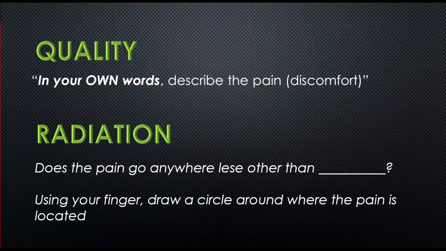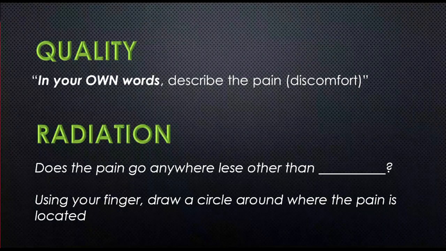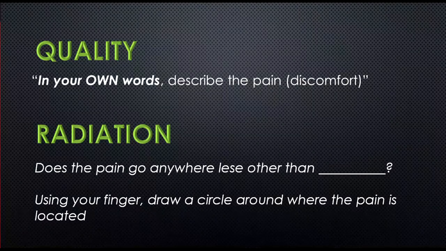Now, radiation. This one's kind of cool because people say, well, does your pain radiate anywhere? Well, most of the time your patients look back at you and go, what? So if my patient has told me they have chest pain, then the question I'm going to ask them is, does this pain go any place else other than your chest?